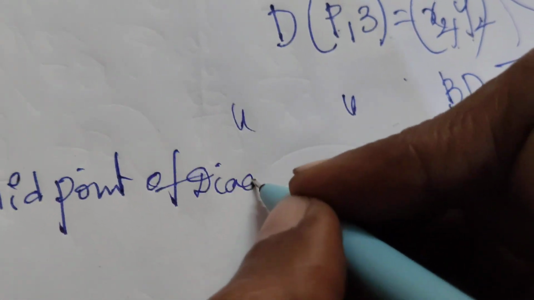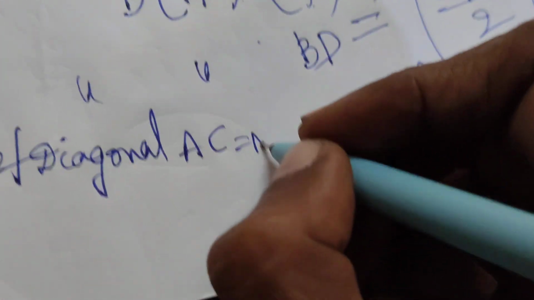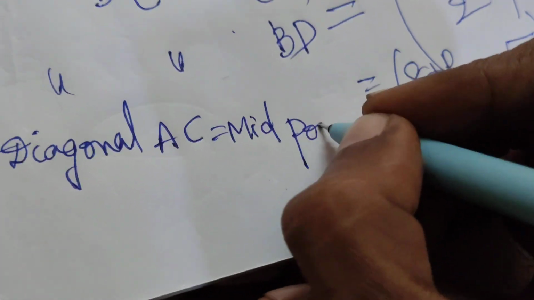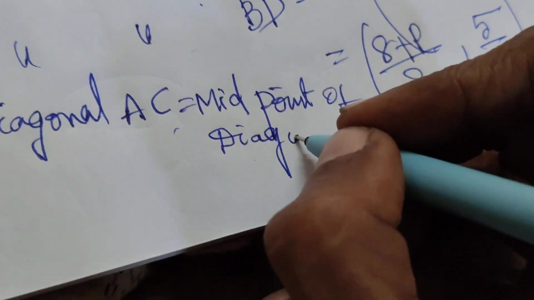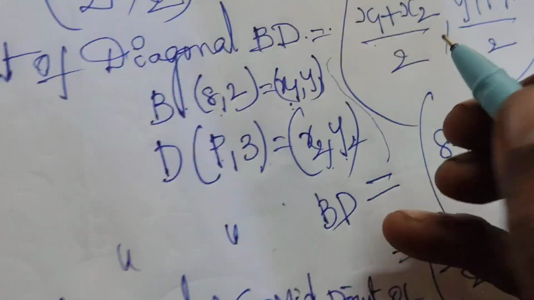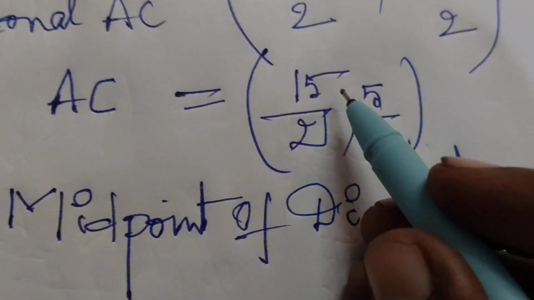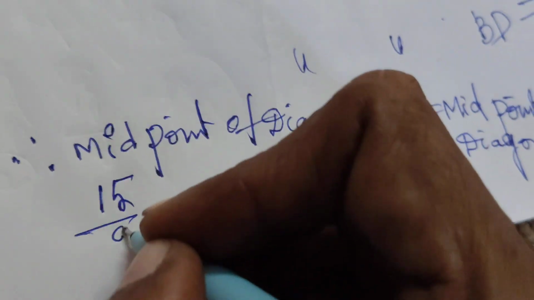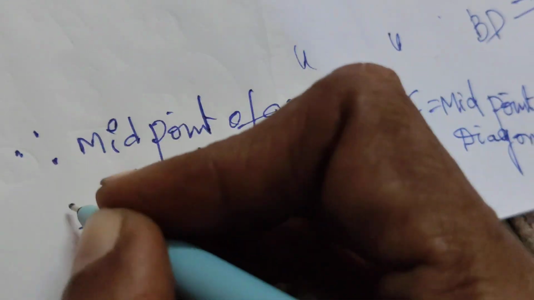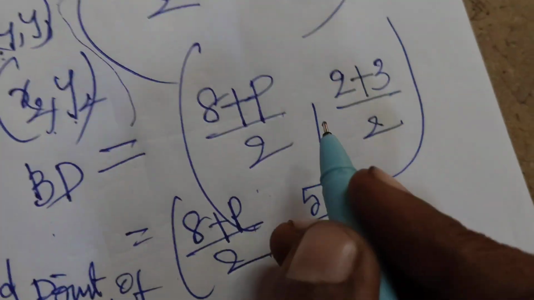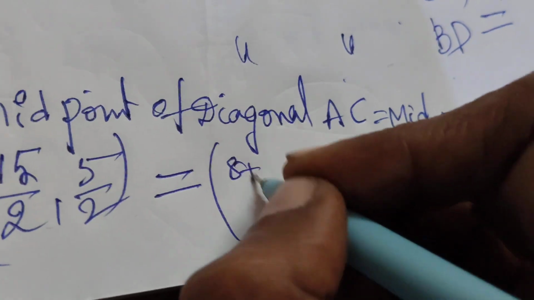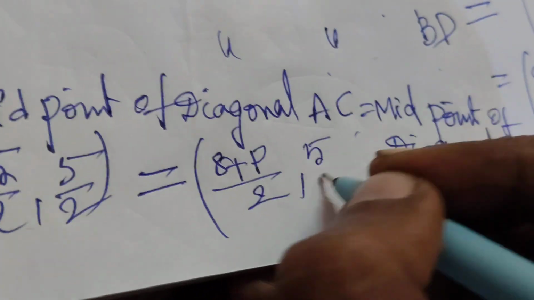The midpoint of AC is (15/2, 5/2), and it equals the midpoint of BD, which is ((8 + p)/2, 5/2).